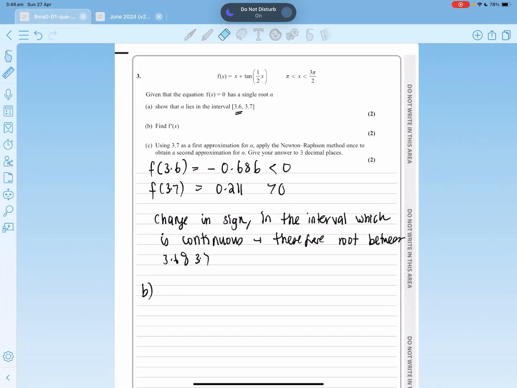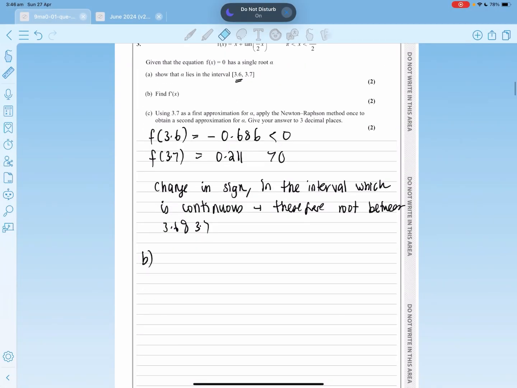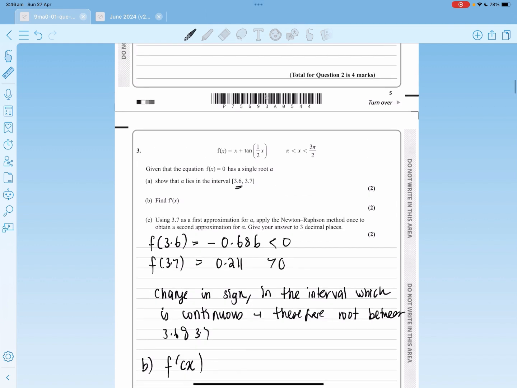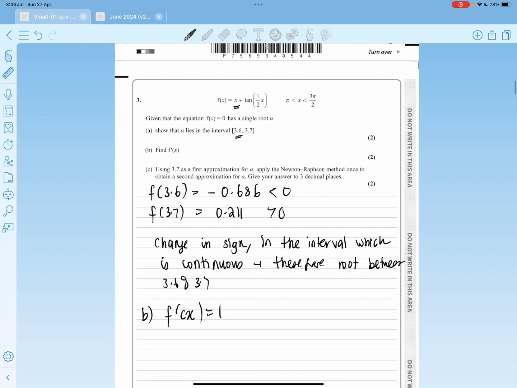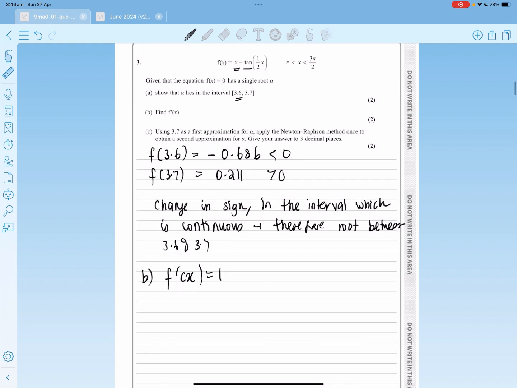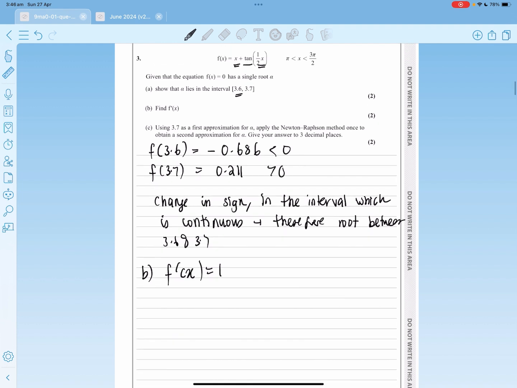Okay, so for part B, it just says to find the derivative. So the derivative would just be the derivative of x, which is 1, and then the derivative of tan would be sec squared x, but you're using the chain rule, so you'd have to multiply by the derivative of the bracket, which would be half sec squared half x. So that would be your answer for part B.